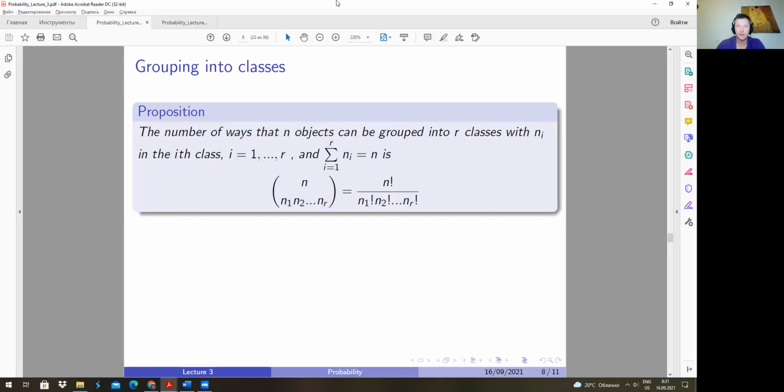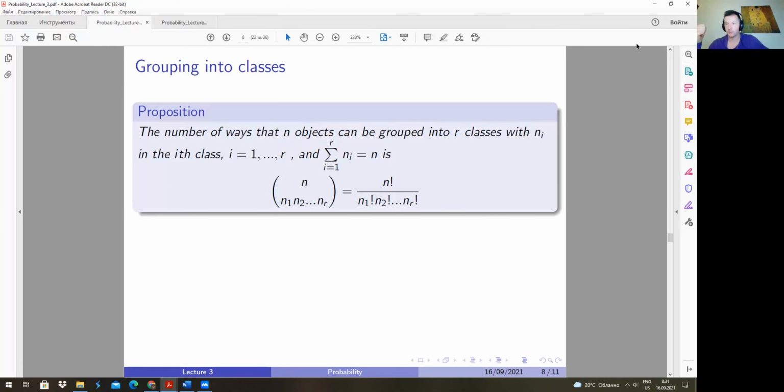So suppose there are now 19 students from your group, and I want to randomly select, let's say, 5 students in one group, 10 students in another group, and the 4 remaining students in the third group. So I want to kind of group you somehow.